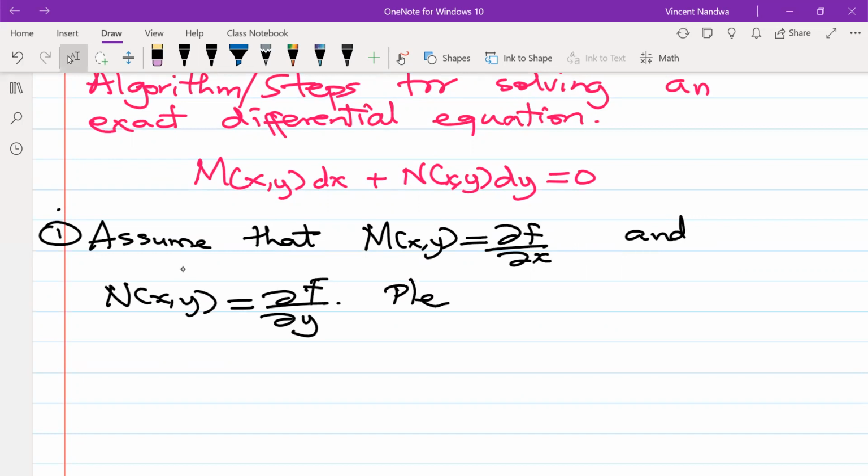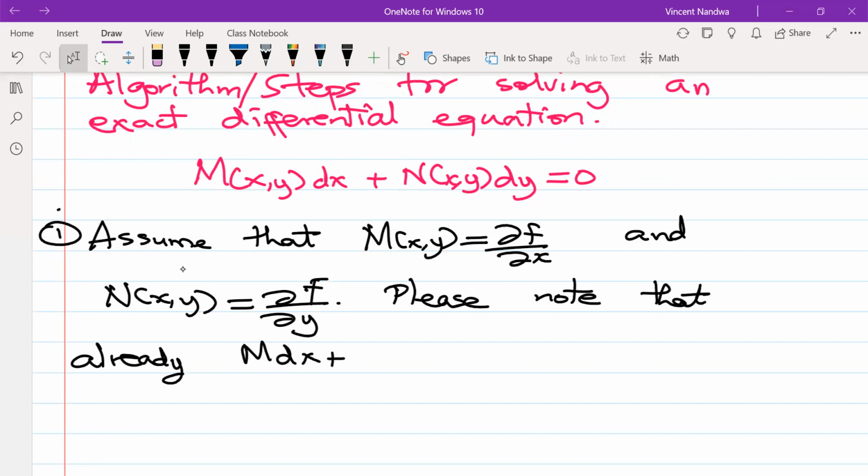Please note that M dx plus N dy equals 0 has already obeyed the test for exactness.